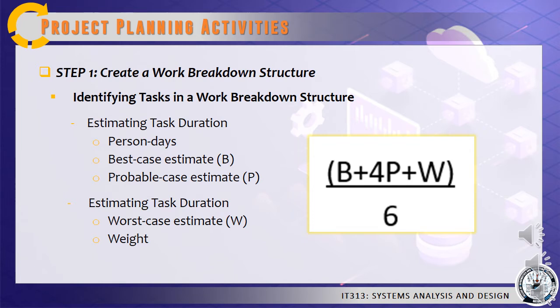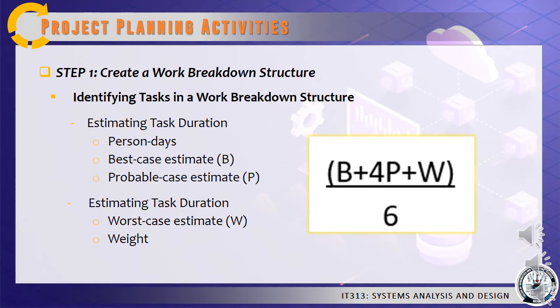The project manager first makes 3 time estimates of each task. First is the optimistic or best case estimate, which we refer to as B. Second is a probable case estimate, which we refer to as P. And a pessimistic or worst case estimate, which we refer to as W.